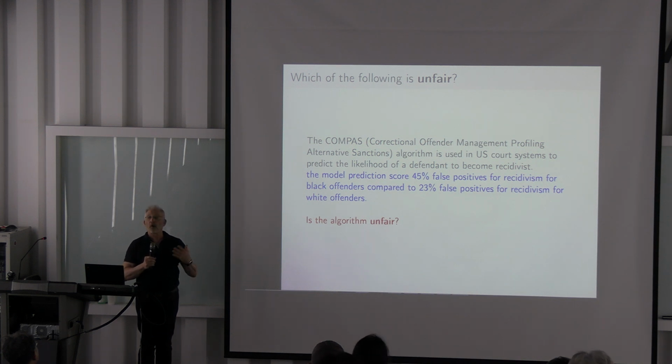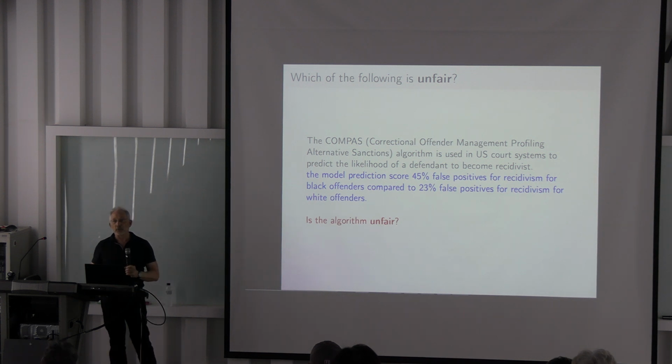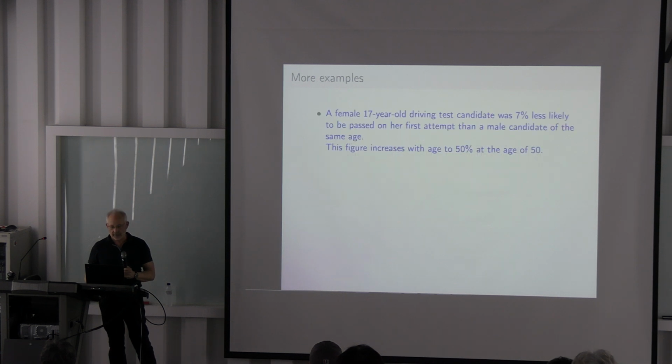Because we are more likely to predict they are going to offend the law again when they don't, compared to what happens with white people. So that's one case just to bear in mind. Is this algorithm unfair? And this has been a matter of discussions and court cases and so on.